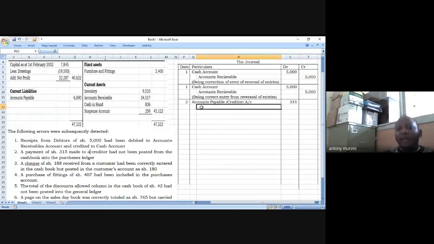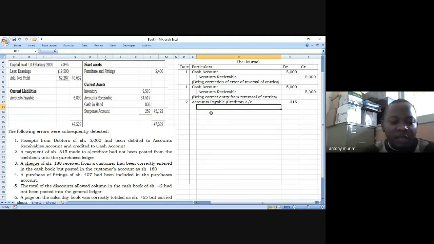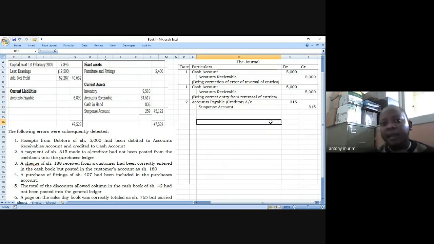And since this error affects the trial balance, we introduce the suspense account. To balance this transaction off, we credit the suspense account with 315 shillings.